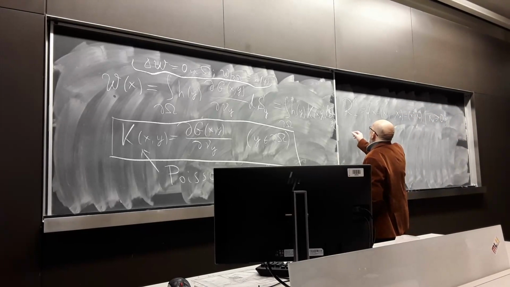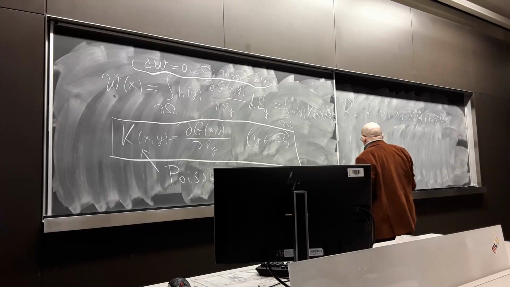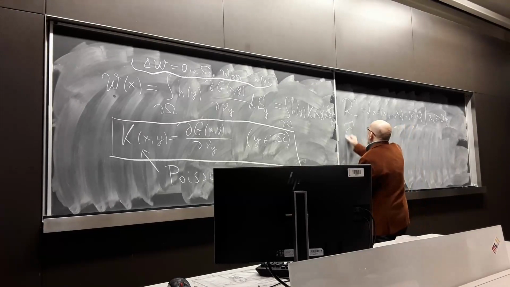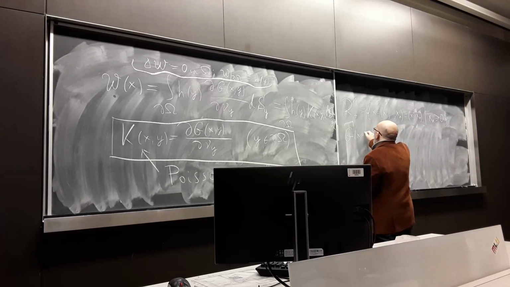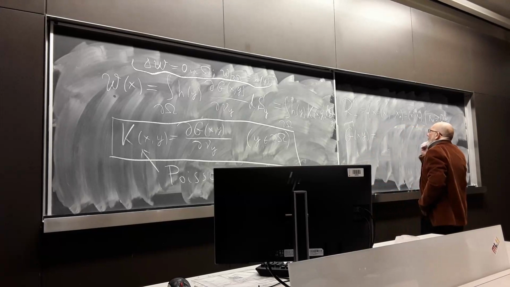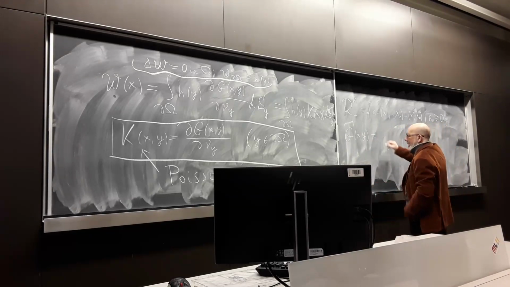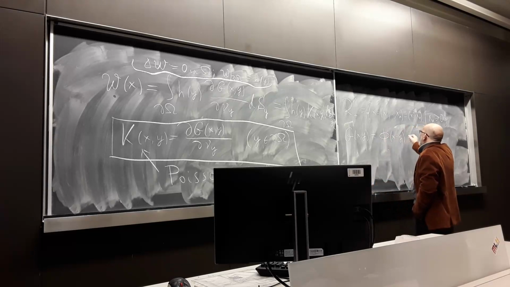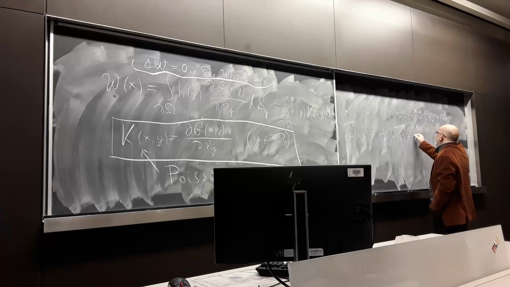We write the function G of x, y equals phi of x minus y minus phi of x bar minus y.